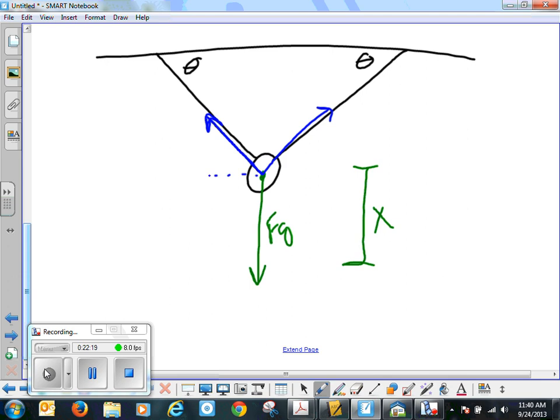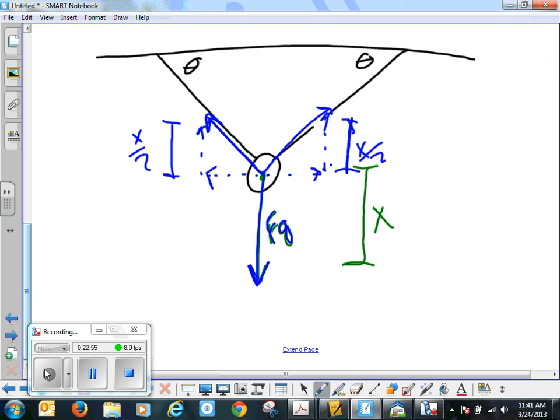then what happens is this piece and this piece over here are both not X but half X. Together, the Y parts of these tensions have to equal the Y part of the force of gravity, because there's no motion there, right?